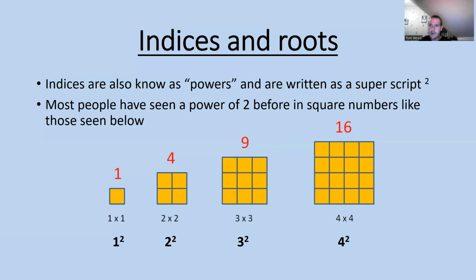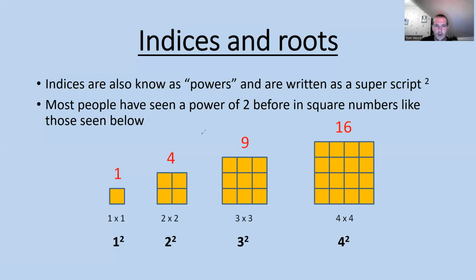It seems very strange. Why not just write 16? One of the main ways is it actually saves space in the long run. In the scientific community, if we're dealing with very big numbers or very small numbers like Avogadro's number, or very small concentrations, it's a lot easier to write things with a superscript.